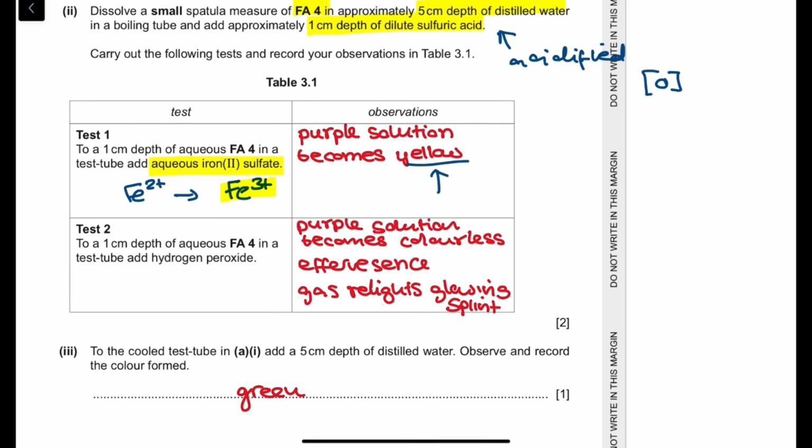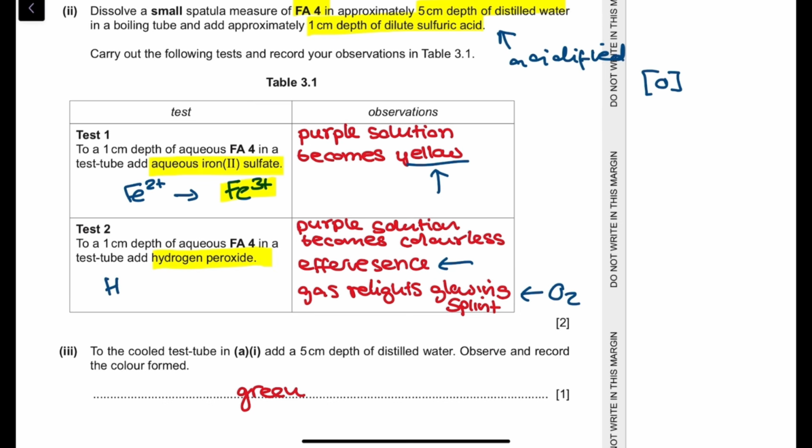Now in test tube number 2, hydrogen peroxide is added to our acidified potassium manganate, and we get a purple solution originally, but it becomes colorless. Effervescence takes place, which relights a glowing splint. That must mean O2 was produced, and that's what caused the effervescence.